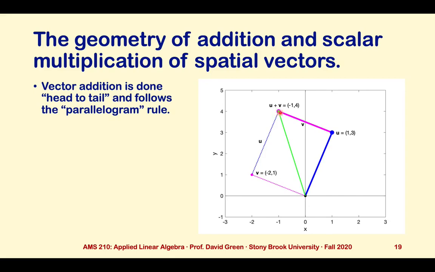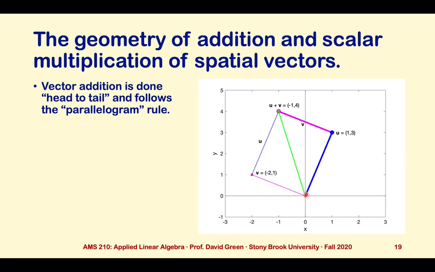We can think about this addition as first walking along the vector u, and then starting from the point u rather than starting at the origin, following the vector v until we get to this point. Right? u plus v leads us to this point.